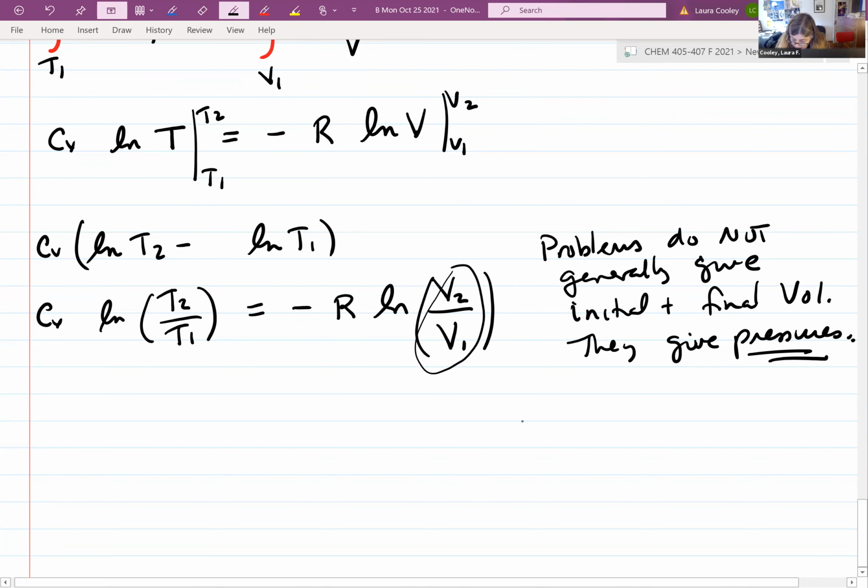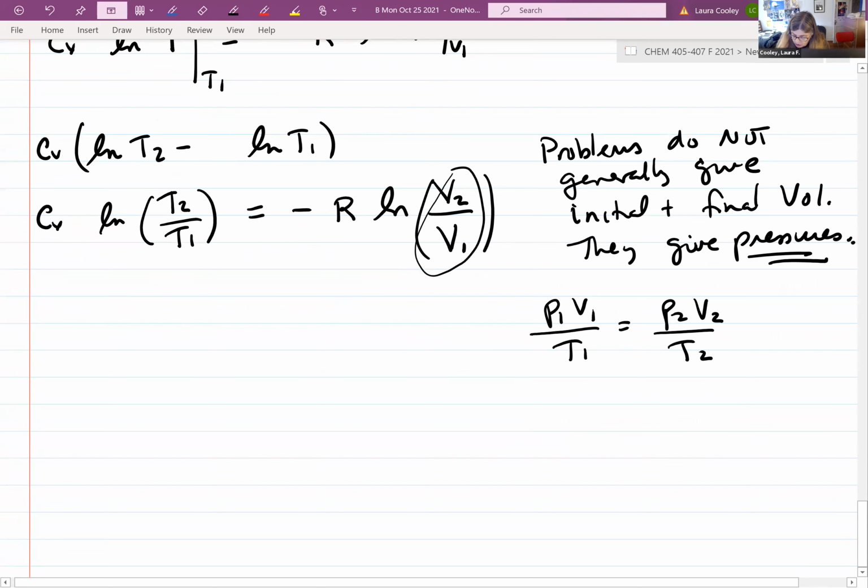And you can see now, because I have a process that's changing the pressure and changing the volume, and the temperature is not constant, that I have to use P1V1 over T1 equals P2V2 over T2, right? Which means that if I want V2 over V1, I just move the V1 over to this side.